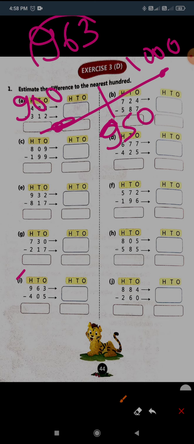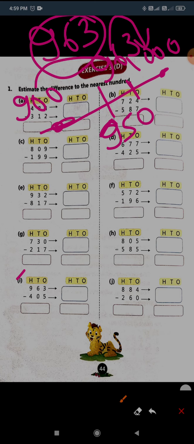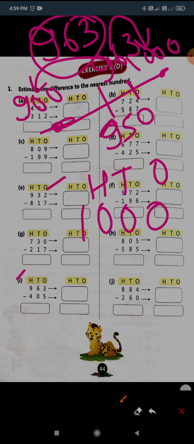So 963, because it is greater than 950, will belong in the second part of the number line. 963 is near to 1000, not to 900. So the nearest of 963 will be 1000. And how will you draw the column? Ones, tens, 100 and 1000, because 1000 is a 4-digit number.